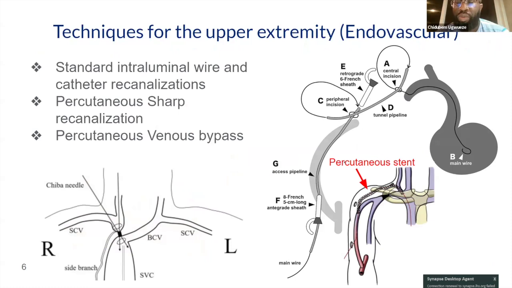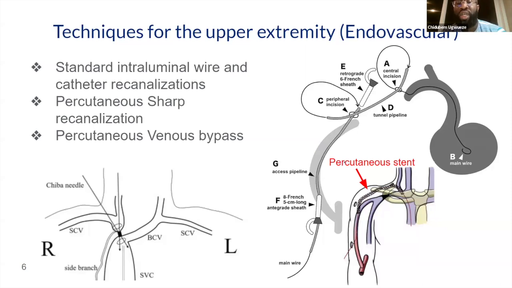The next couple of slides will be going through techniques for endovascular management of upper extremity central venous stenosis. The first line of managing these is just a standard intraluminal wire and catheter recanalization. So you would get access into the vein peripheral to where your stenosis is, and then you do a venogram to try to cross that stenosis using a combination of glide wire and glide catheter.